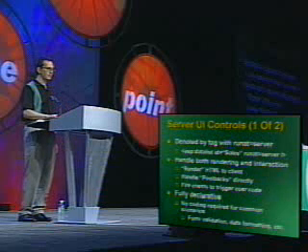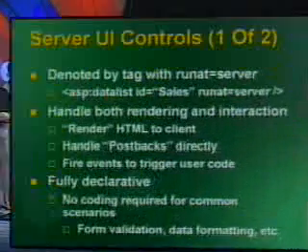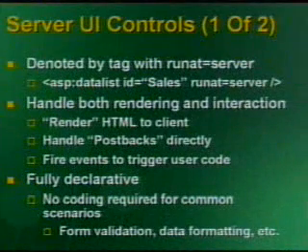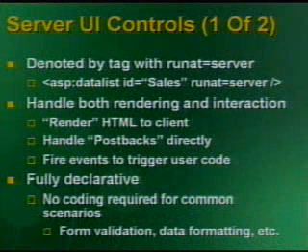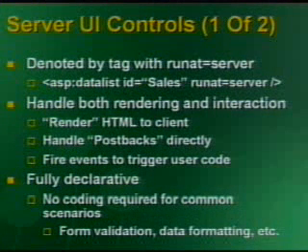So the controls. Controls are sometimes difficult for people to understand. They are objects that are instantiated. They run on the server. So there's no code that needs to get sent down to the clients. They run on the server.